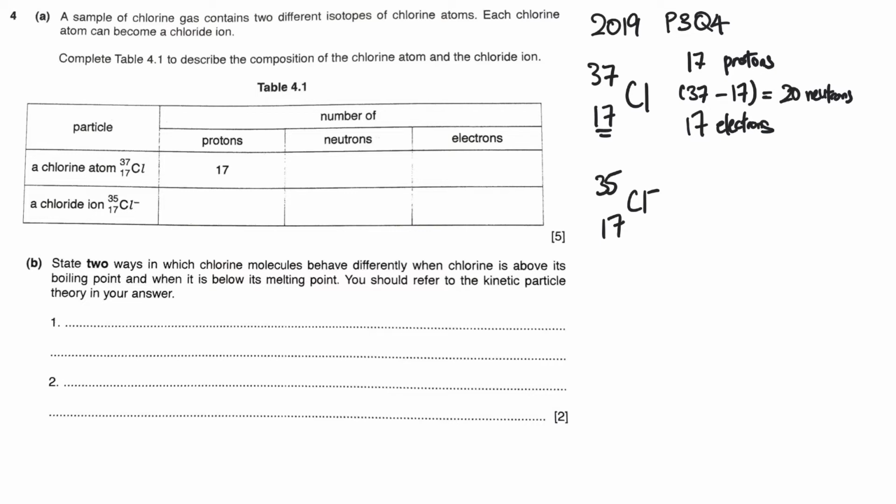Okay, so we go on to the chloride ion. First off, there are 17 protons as well. The number of neutrons is 35 minus 17, equals 18 neutrons.